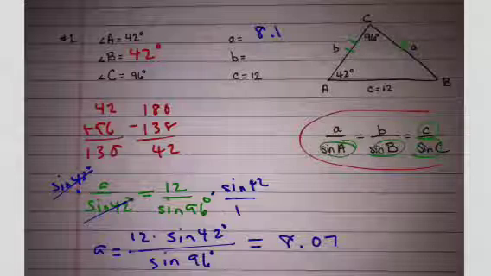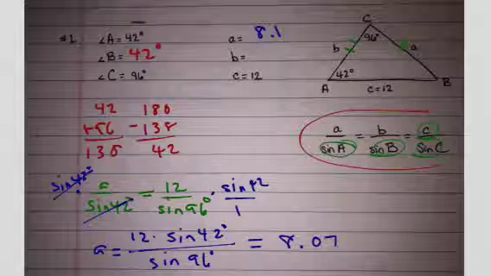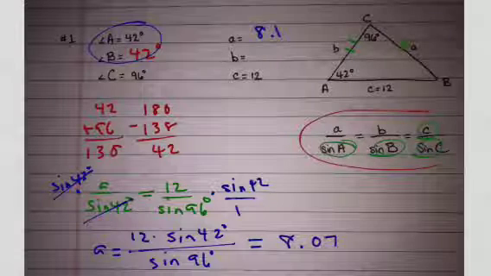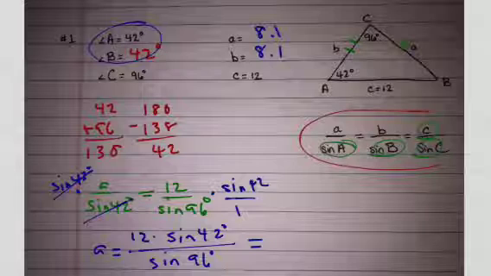And then again, because we noticed that B and A were equal to each other, because this is a special isosceles triangle, going back to this right here, then we know B is also 8.1. But if we didn't see that, we could have still gone back and done the same thing we just did with A a minute ago and used B instead. So I'm going to erase this real quick and give myself a little room.